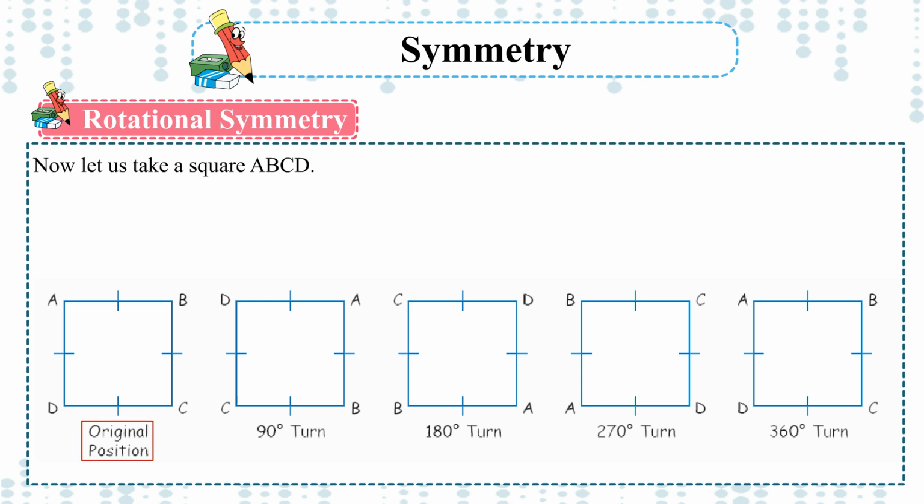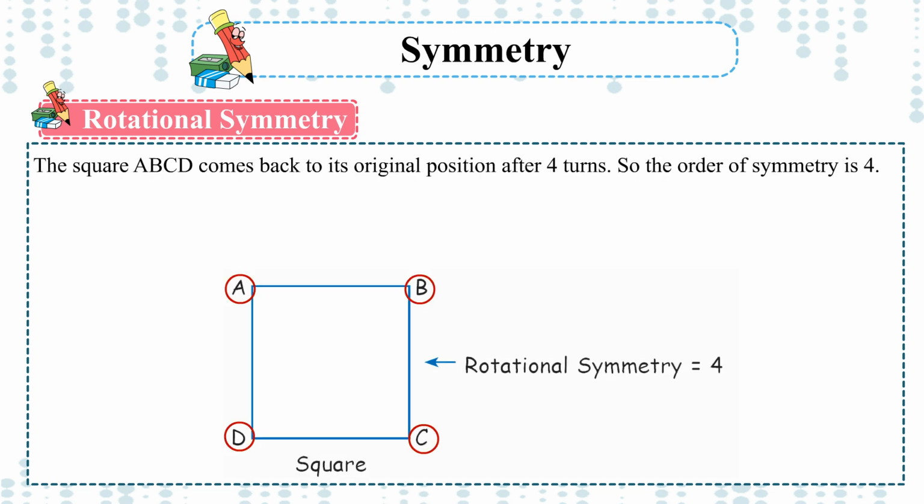Now let us take a square ABCD. Original position, 90 degrees turn, 180 degrees turn, 270 degrees turn, 360 degrees turn. The square ABCD comes back to its original position after 4 turns. So the order of symmetry is 4.